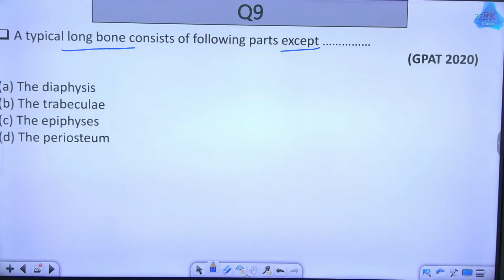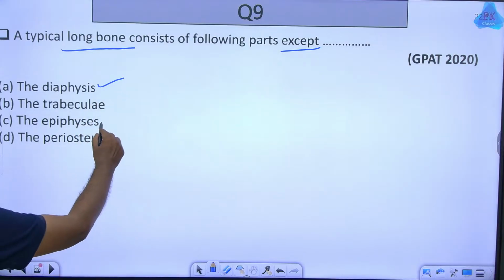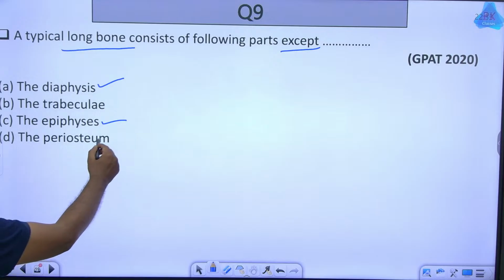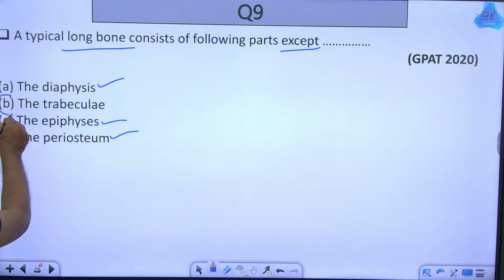B option सही है. So a typical long bone will contain the diaphysis, will contain the epiphysis, as just now seen. It also contains the periosteum. So it doesn't contain the trabeculae externally. It cannot be seen.